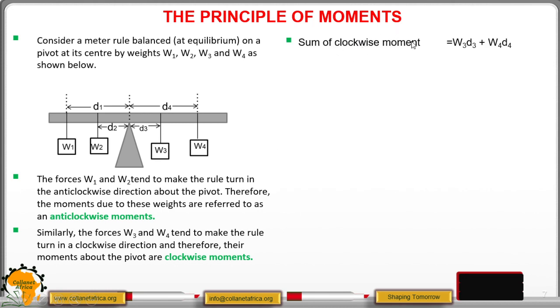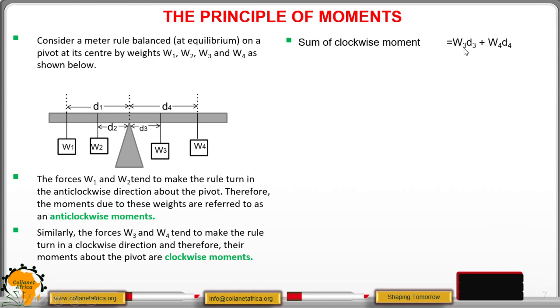Then we have the sum of clockwise moments. Of course, in the first lesson, we learned how to calculate the moment, whereby we said it is a force times the perpendicular distance from the point of support to the line of action of the force.